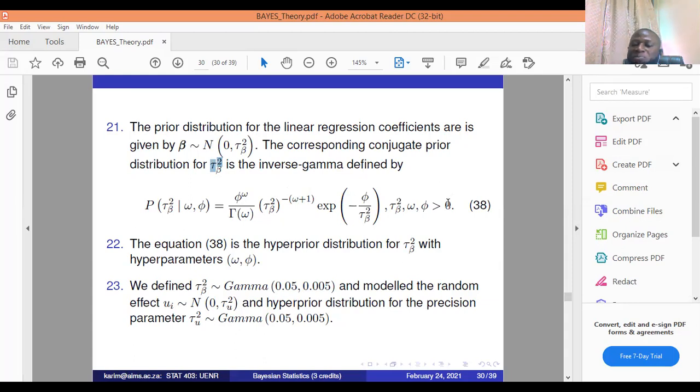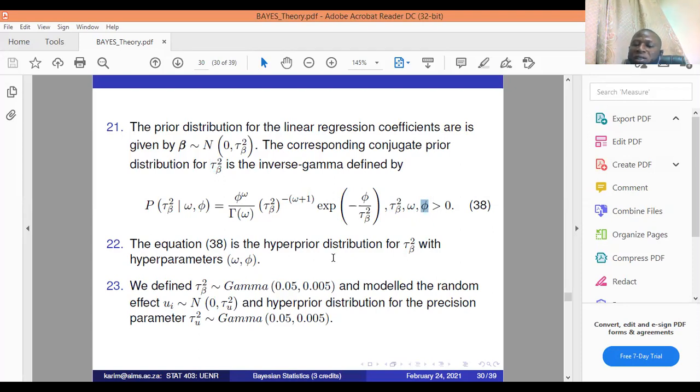And we are saying that these parameters, whatever values they are, should be greater than 0. If this is 0, this becomes undefined, and the whole of this becomes undefined. If this is 0, then we get 0 here, and the whole of the function becomes undefined. So we are saying that omega and psi should be greater than 0.